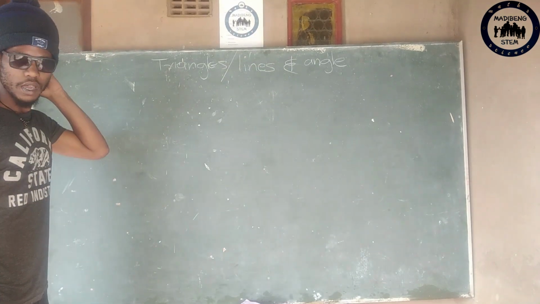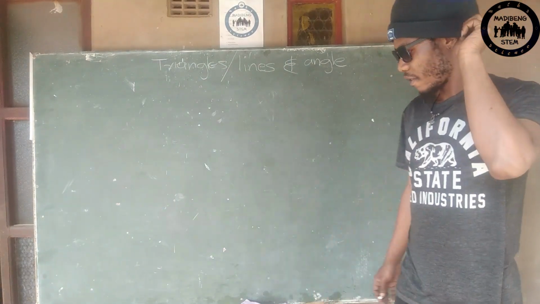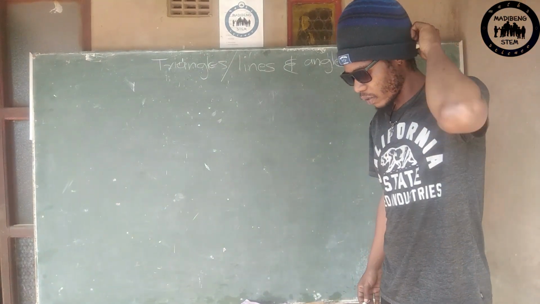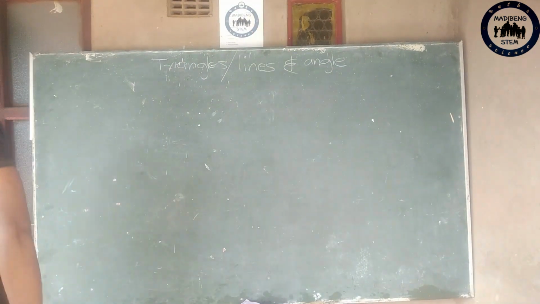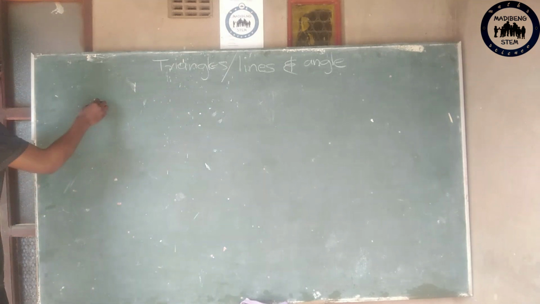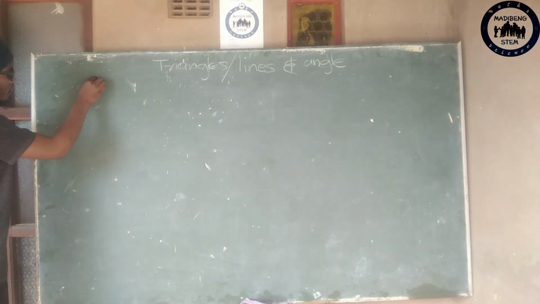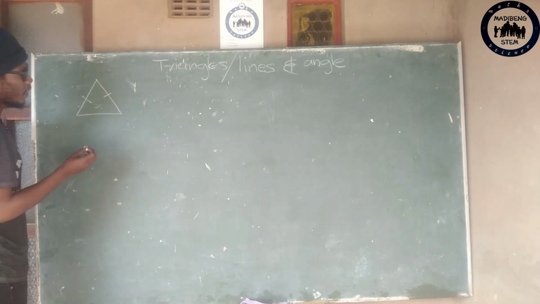So for introduction, I will start with triangles. First thing, what do you know about triangles? What types of triangles do you know, guys? First thing, we have the isosceles triangle.